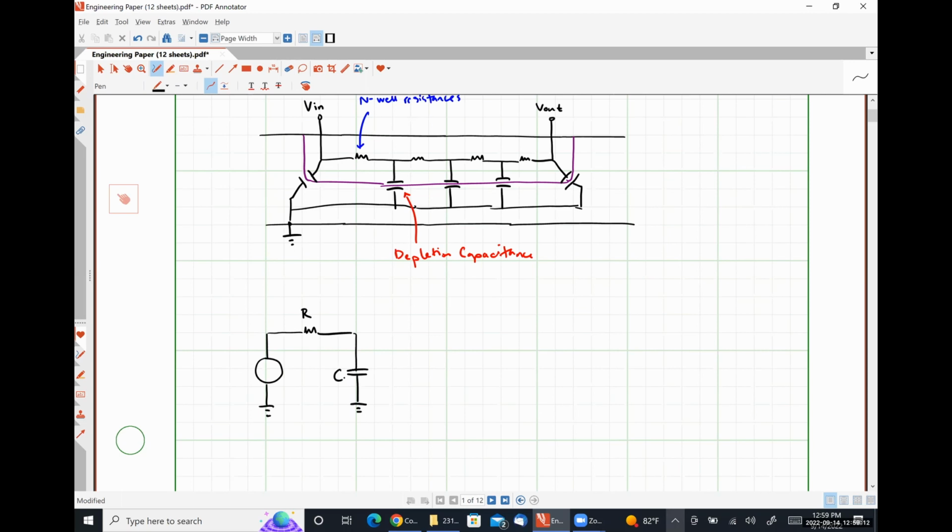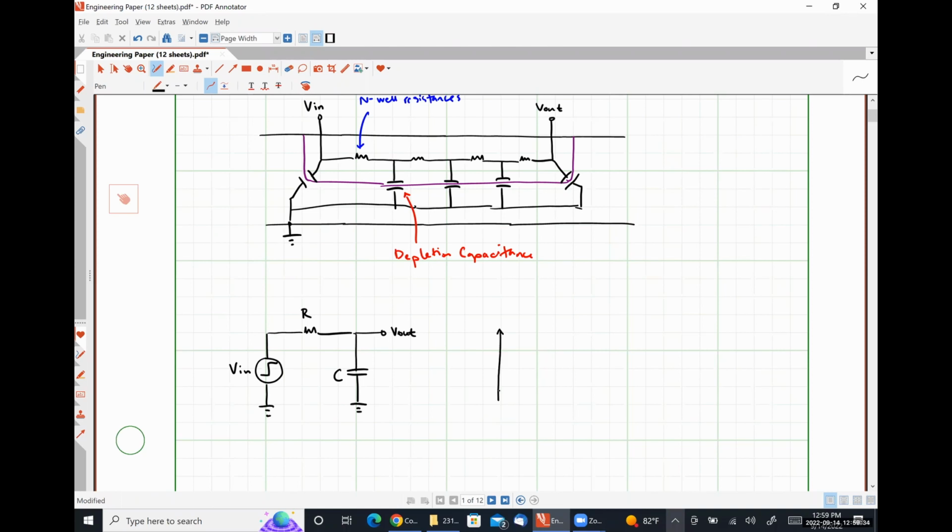Here's our capacitor. This is our output voltage. And we put in a step function for our input voltage.